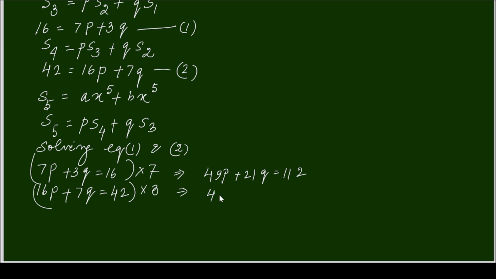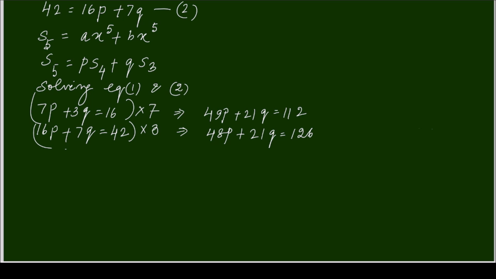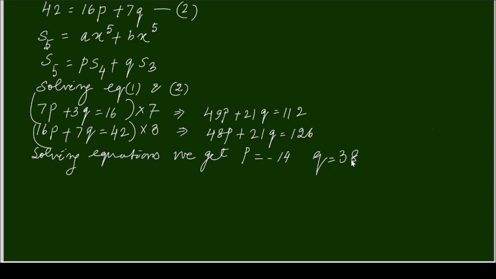So it will be 48p plus 21q equals 126. Now solving the two equations, we get p equals negative 14 and q equals 38.